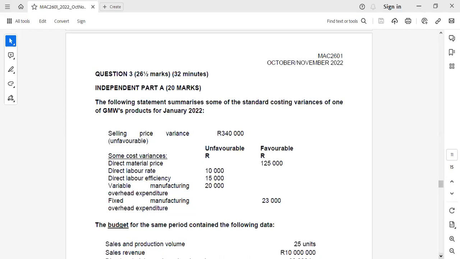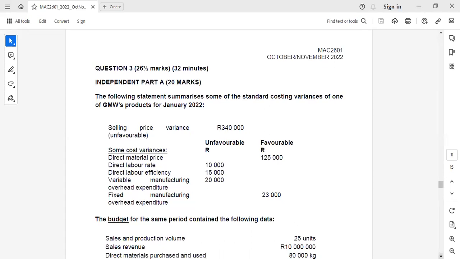Right. So now let's go and see what is the required there.